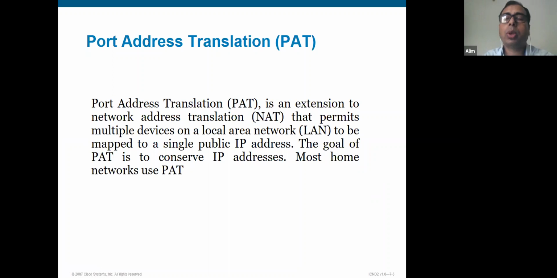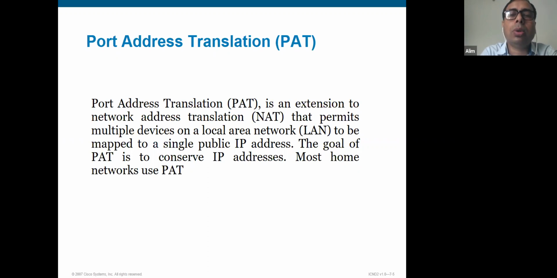We don't have an IP pool in our home router or in production network. We also have a pool, but it is a smaller number. We have around 10 to 20 IP addresses at best. But 10 to 20 IP addresses is not enough for 1,000 users, for example, or more.